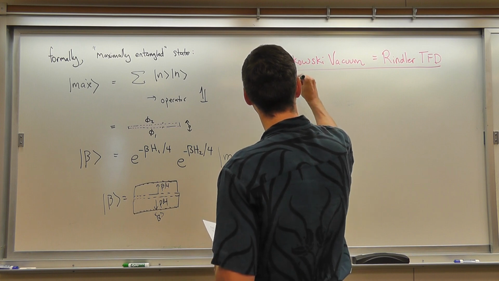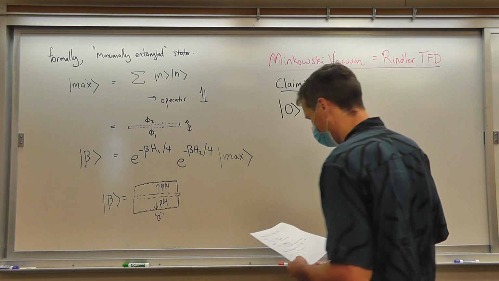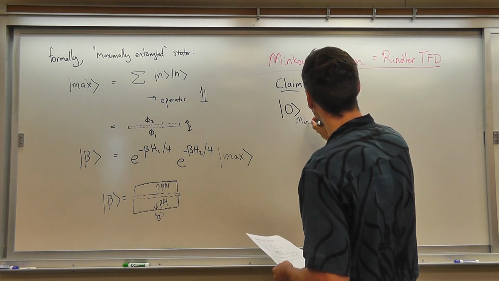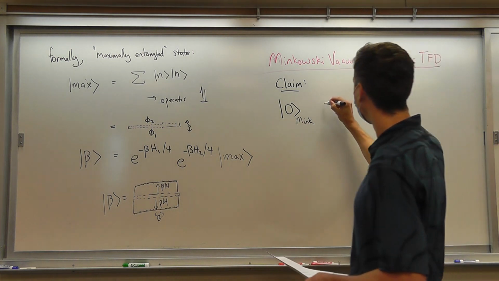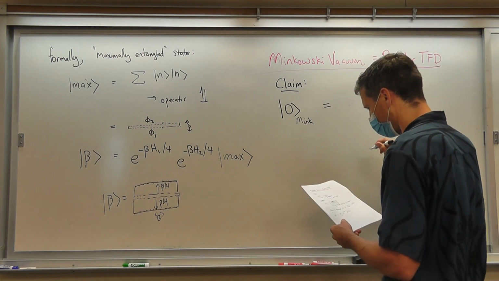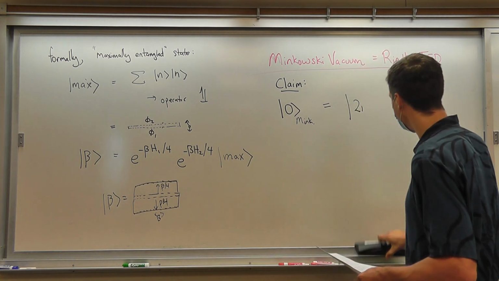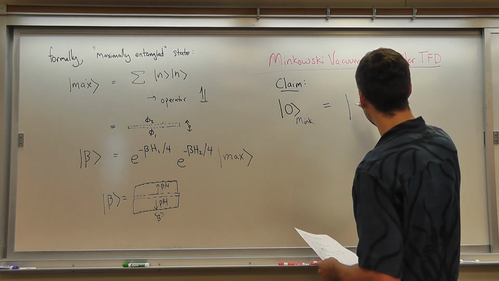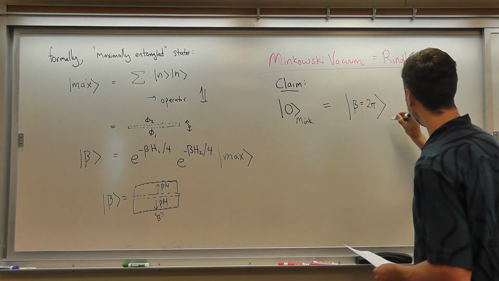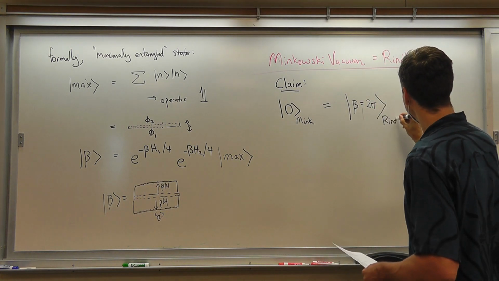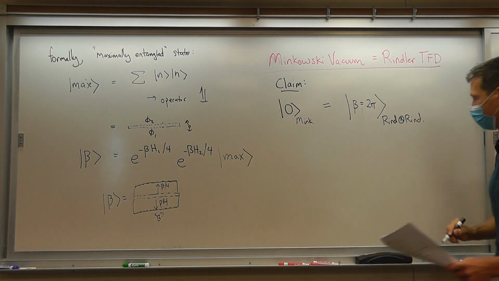So the claim is that |0> in Minkowski is the state with beta equals 2 pi in the Hilbert space Rindler times Rindler.